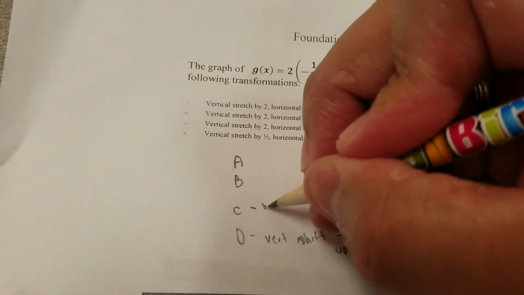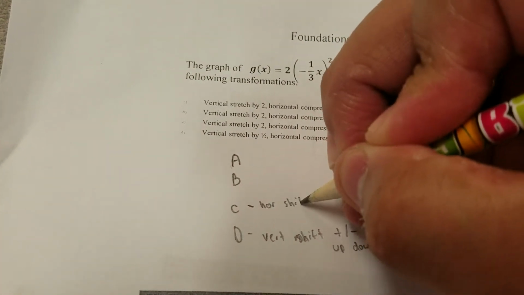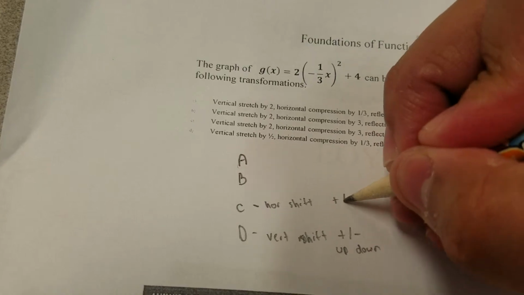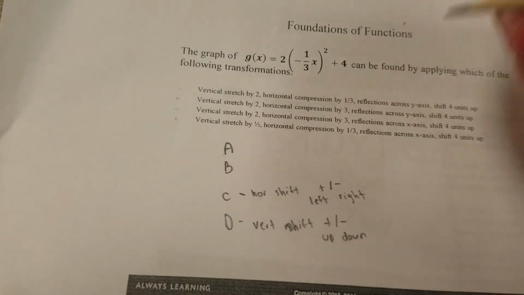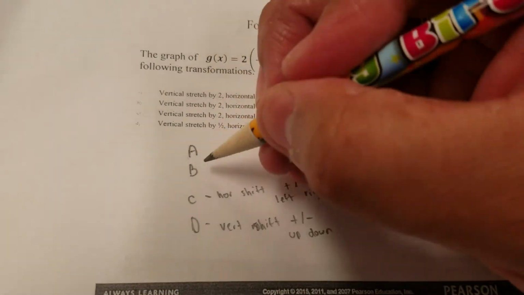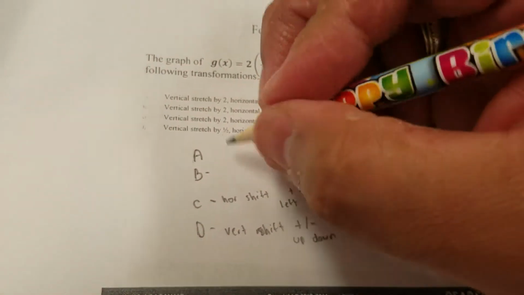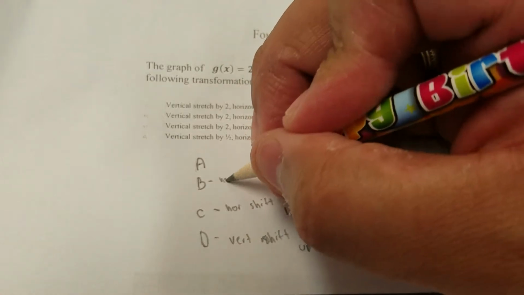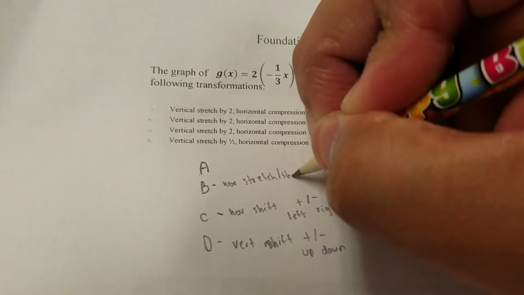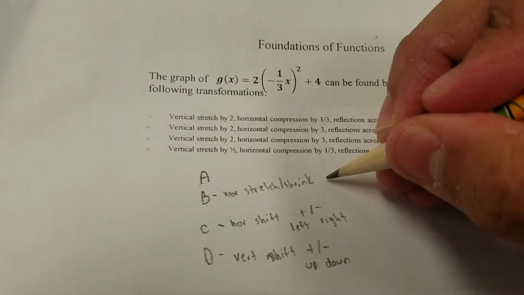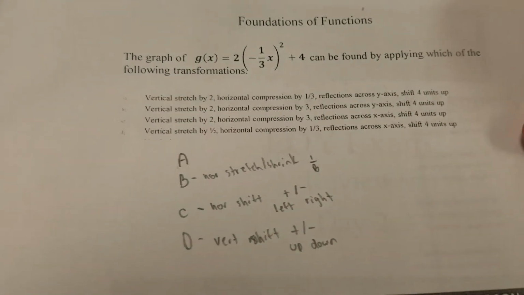C value has to do with horizontal shift, either to the left or to the right. B has to do with horizontal stretch or shrink. And here, guys, we're looking at the reciprocal. That's what it's actually doing, 1 over b.